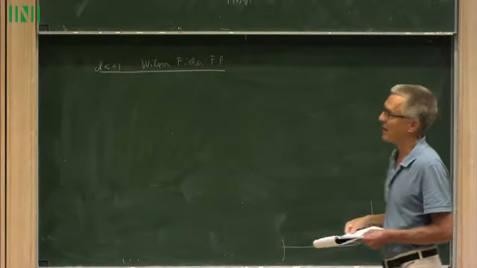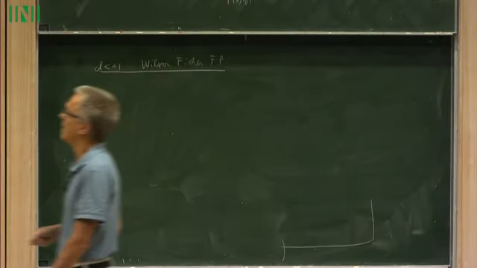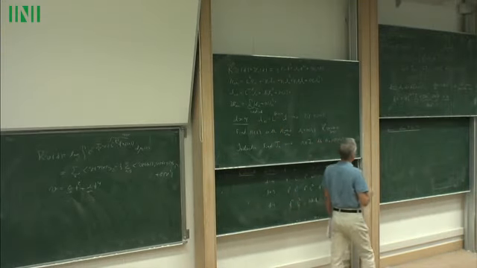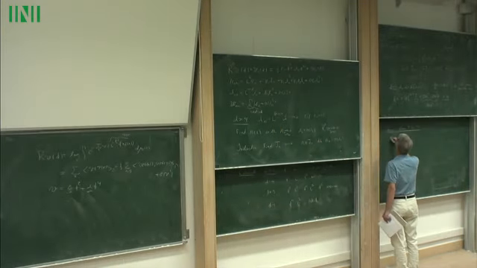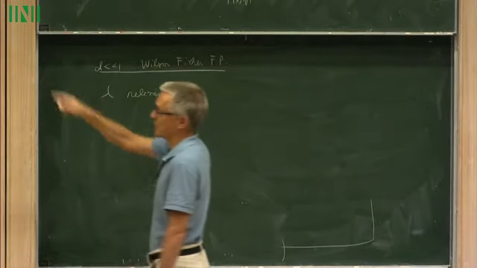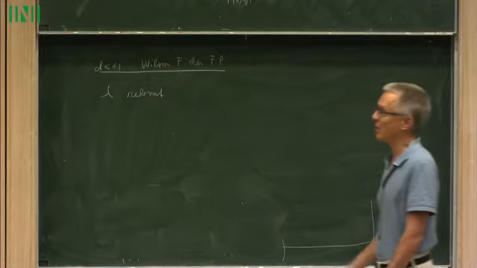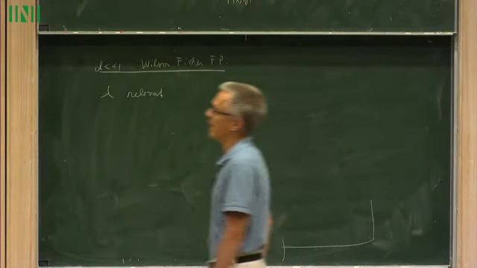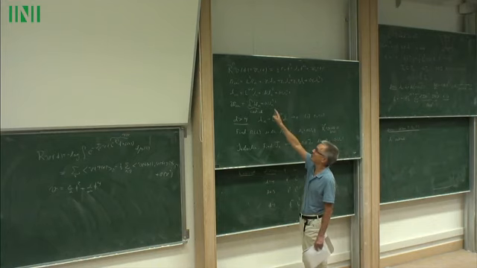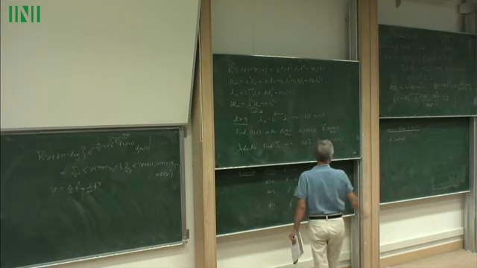What happens when d is less than 4, lambda becomes relevant. So what I was doing there, however small lambda I start in the beginning, I will be killed going out of the perturbative region eventually.